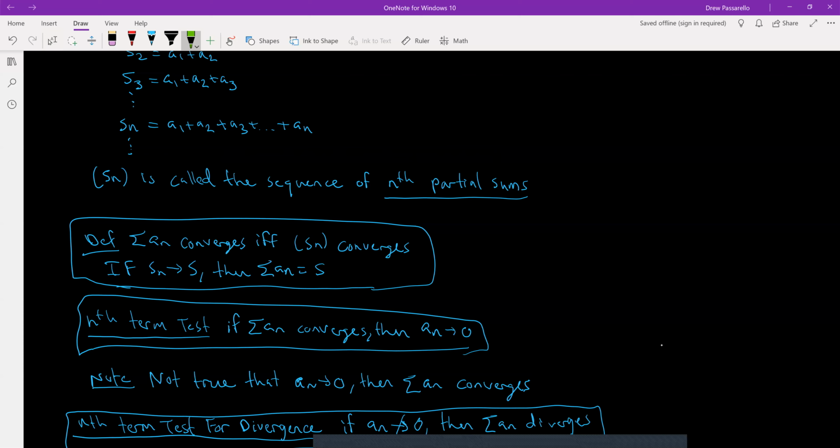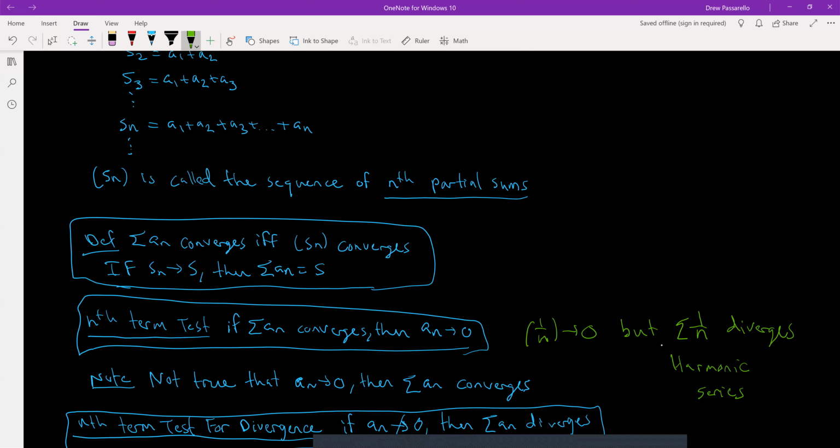So for instance, we know 1 over n converges to 0, but we'll show later on that the series of 1 over n diverges. That's actually called the harmonic series. So the converse isn't true.